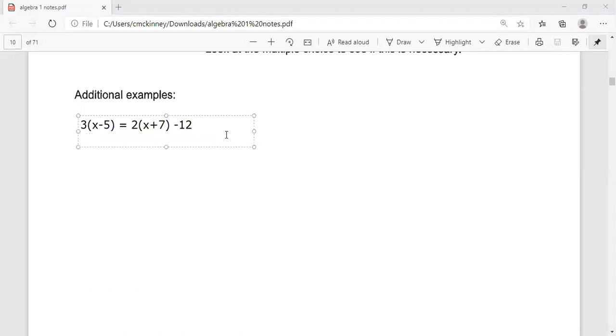So I'm going to distribute: 3 times x, 3x, 3 times negative 5, negative 15, 2 times x, 2x, 2 times 7, plus 14, and then we still have that negative 12.